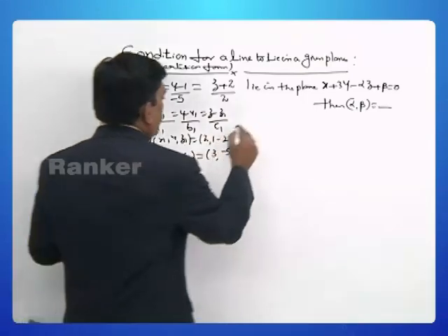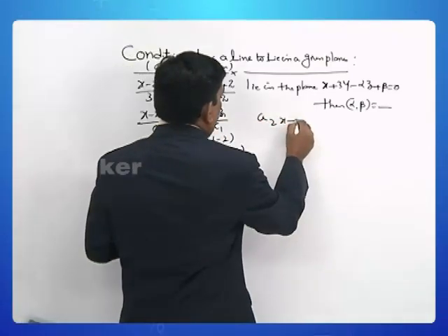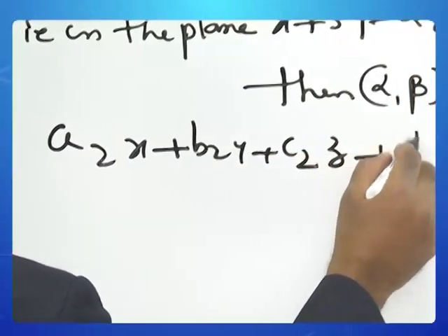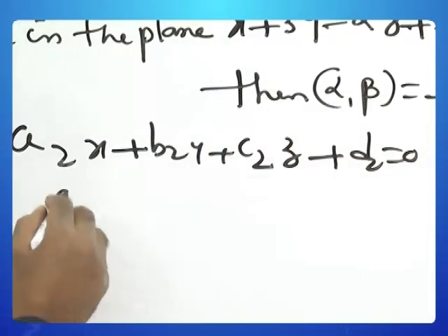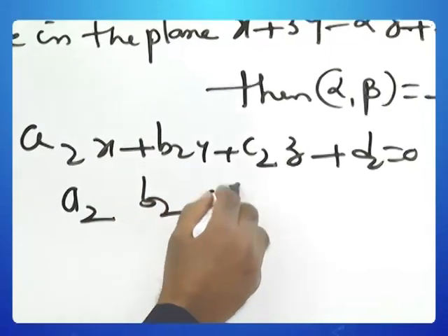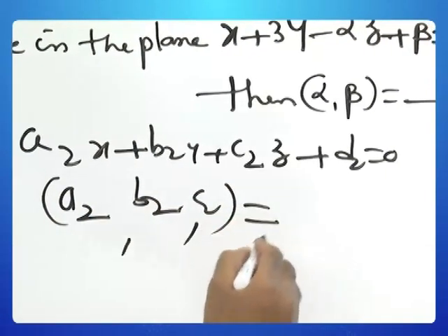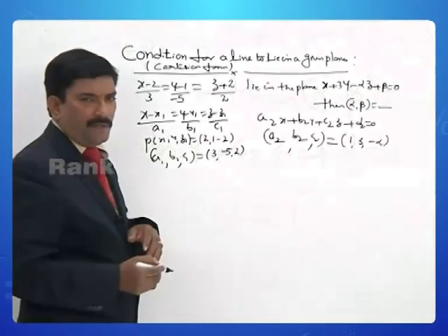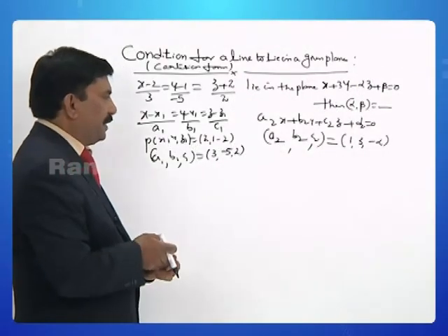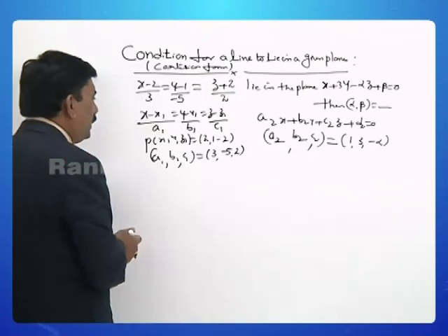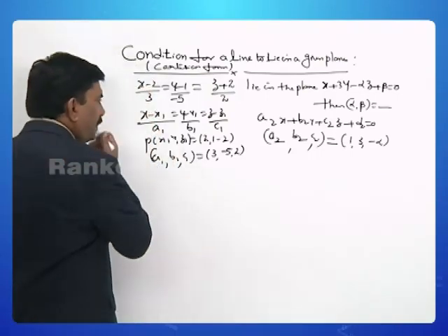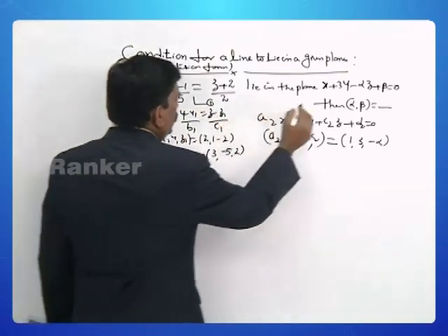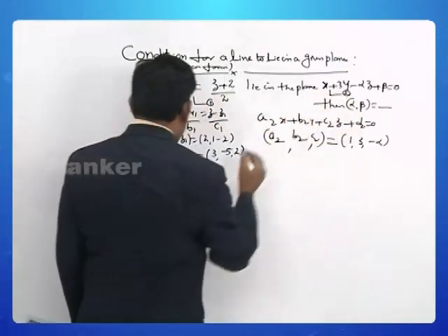The plane is a2x plus b2y plus c2z plus d2 is equal to 0, therefore a2, b2, c2 is equal to 1, 3, minus alpha. You call the line 1 and the plane 2.